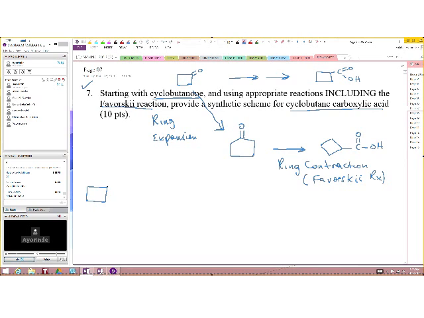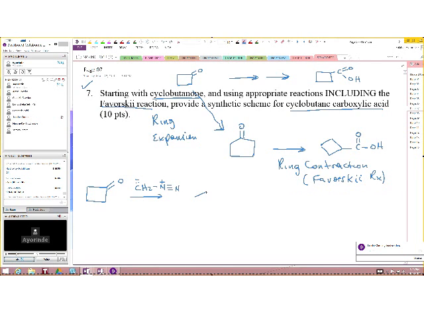So therefore, you take this, then you take diazomethane, a very simple reagent. Once you take diazomethane, it gives you a ring expansion.